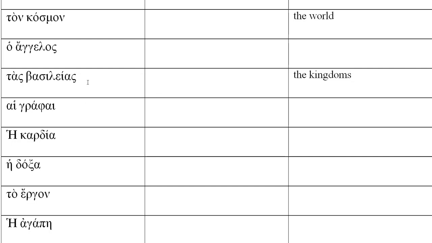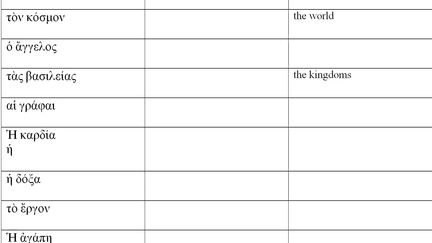Remember, you always have to translate based on the case and the number. And since the case here is accusative, it would be something like God will establish the kingdoms. It is the direct object of a verb. It could also be the object of a preposition that takes an accusative object.